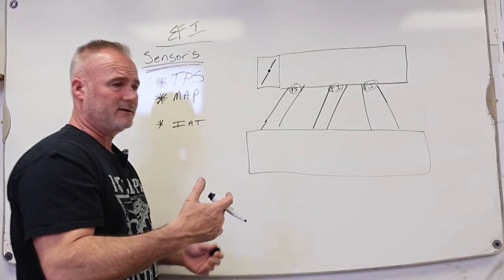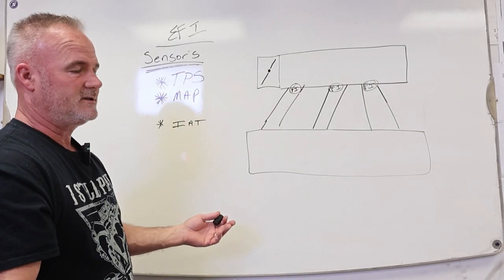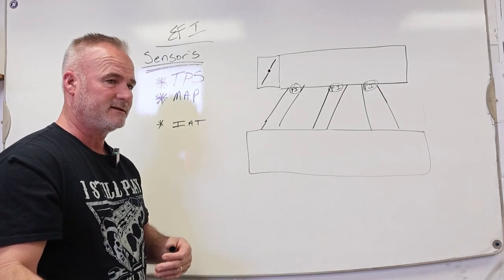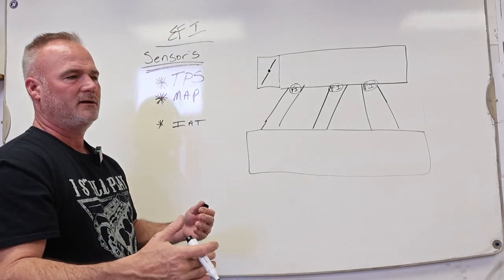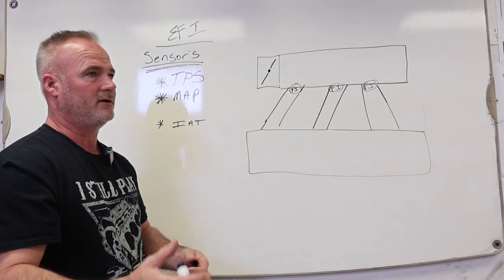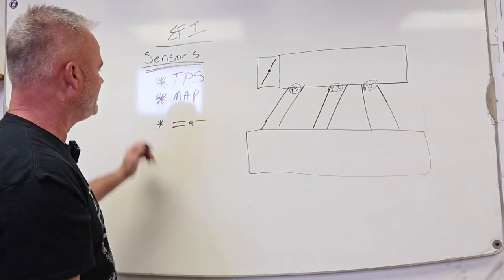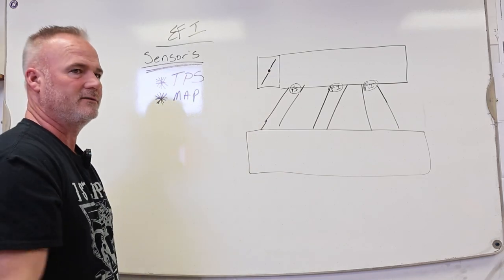So, like Logan said, now they've got some really fancy sensors that will calculate it and predict it, but that info has to be there. It has to know, or even think it knows, what's going on in the intake, or it just won't function correctly at all. So I'm going to move to another one. What's another one that absolutely has to be there?